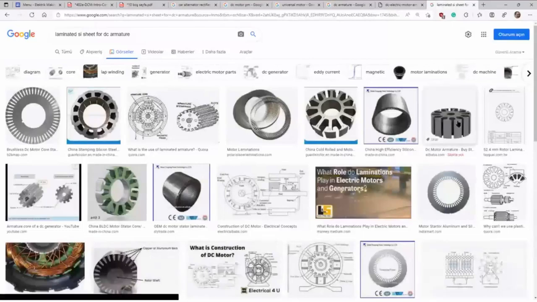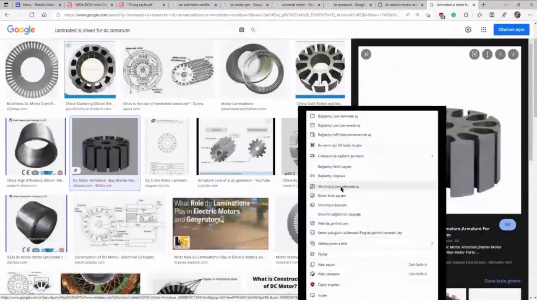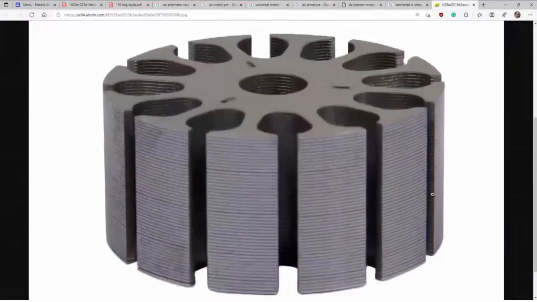Okay, that's it. You see, there are lots of laminated sheets packed together to construct the armature.